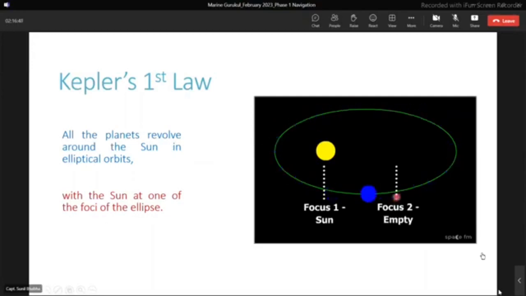Every elliptical orbit has 2 foci, and the sun is situated at one of the foci of the ellipse. The other focus is blank. There is nothing there, but the sun is situated at one of the foci of the elliptical orbit of all the planets. This is Kepler's first law.